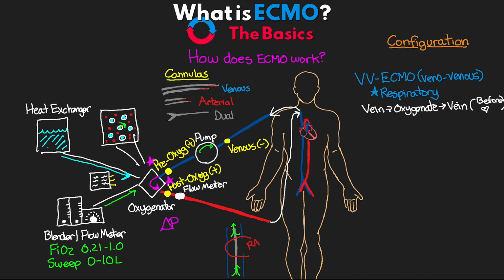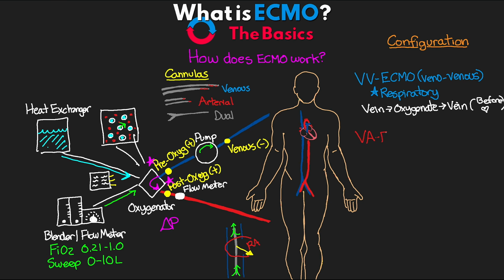And then there's a special outflow port that's going to be lined up just right in the right atrium to return that blood straight at the valve going into the right ventricle. This is a pretty cool setup. It really makes it easy to use a single cannula for patients on VV ECMO, but this one is going to require inserting the cannula under fluoro to ensure that we get the proper alignment.